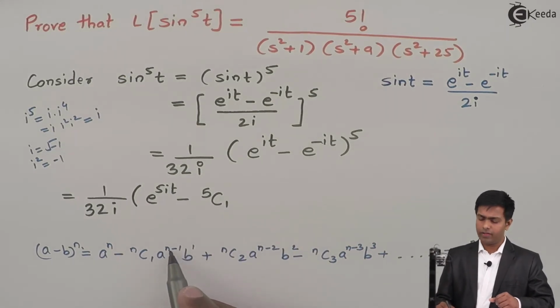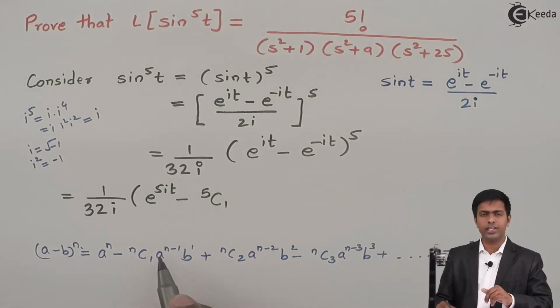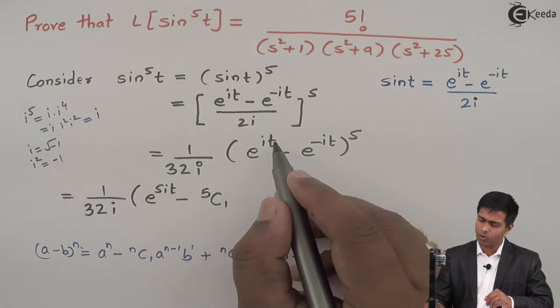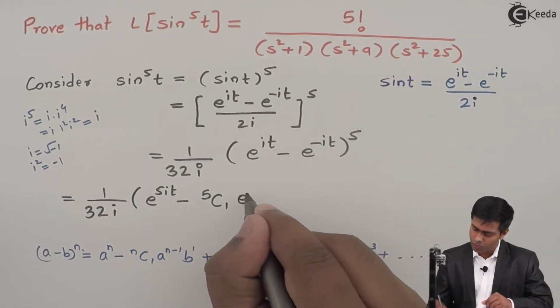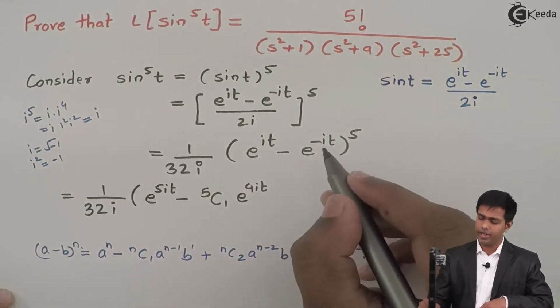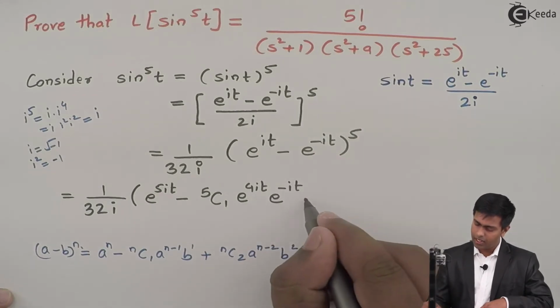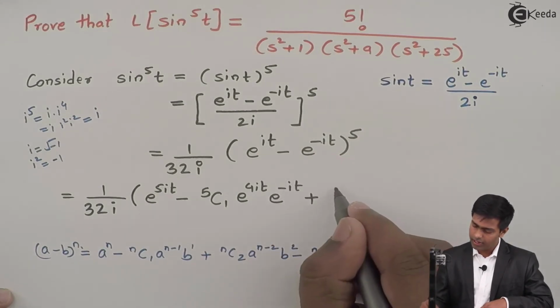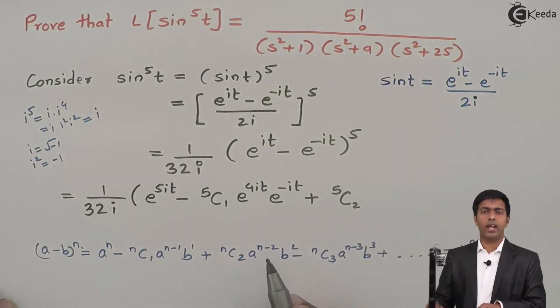Now n is 5, so 5 minus 1 will be 4. It means we want a raised to 4 term, where a is e raised to it. So e raised to it raised to 4 is e raised to 4it. B raised to 1, b is e raised to minus it, plus nC2, that is 5C2, a raised to n minus 2.